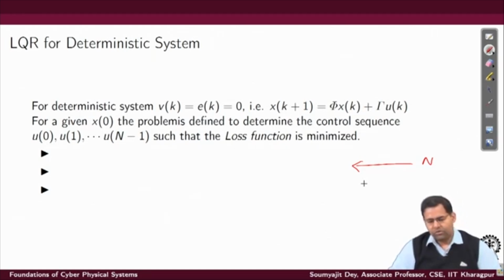In this case we are going to compute the u sequence in such a way that they are all optimal. That is why we will take this strategy that we will compute the action at the last one, and then we will roll back in time to compute the previous actions.